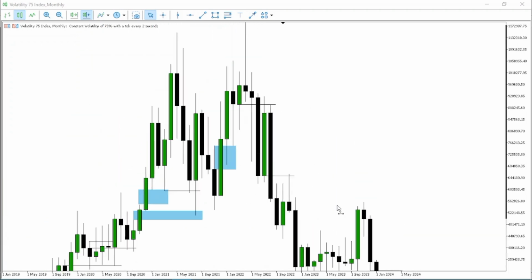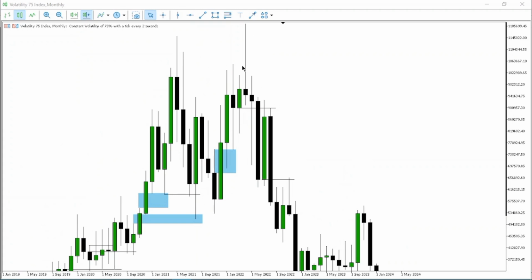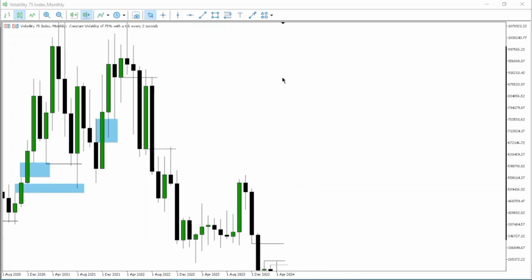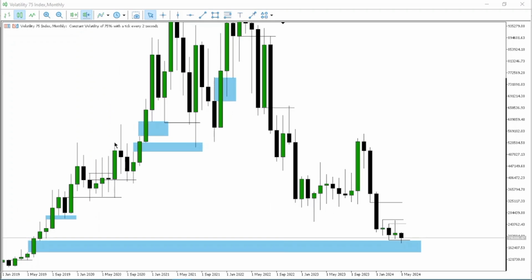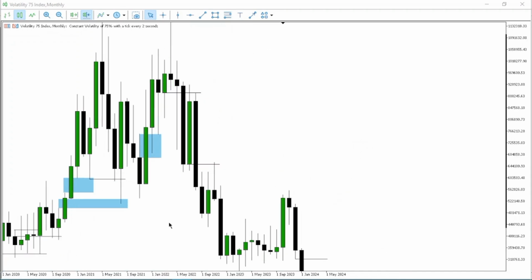And so imagine this. Imagine the key points, the key areas. Essentially, what we just did was look at the PD arrays on the monthly and the way the price reacts to them.